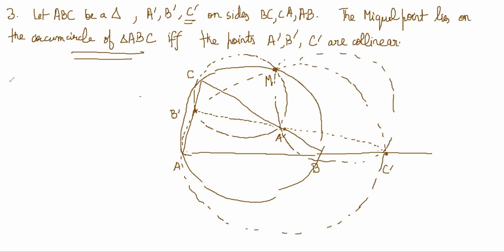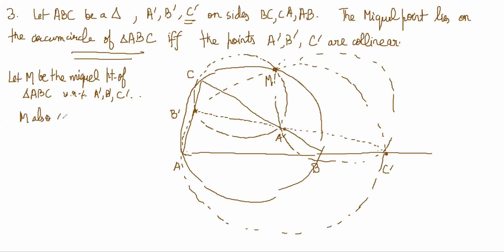So you can start off by saying let M be the Miquel point of triangle ABC with respect to the 3 points A dash, B dash, and C dash. And you want to prove that M also lies on the circumcircle of triangle ABC.